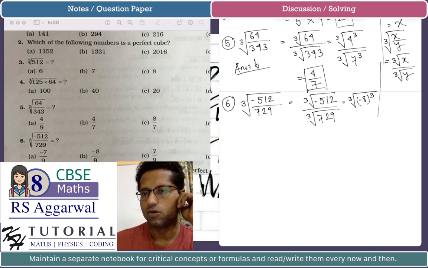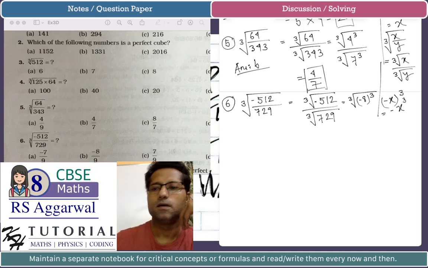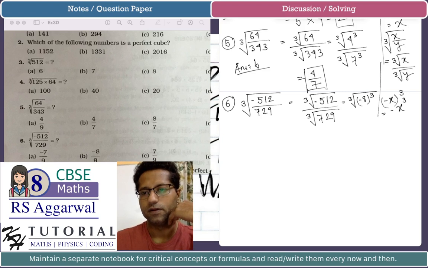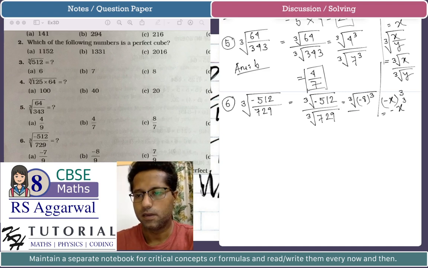We know that a cube of a negative number is a negative number. We know that minus x cubed will be equal to the negative of x cubed. So 512 is the cube of 8, and hence minus 512 will be the cube of minus 8, and in the denominator, 729 is the cube of 9.